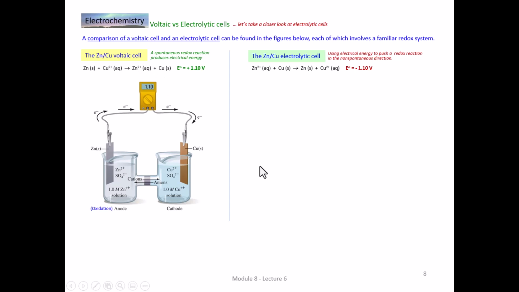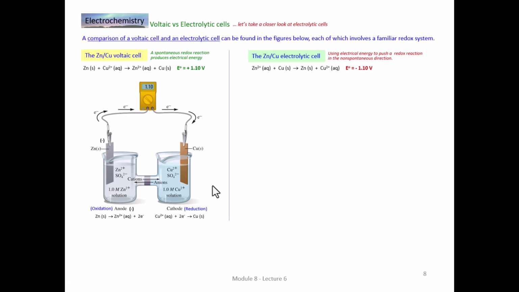The oxidation, of course, is what's occurring in the left-hand beaker, and that would be the anode, and that would be zinc going to zinc 2+ plus 2 electrons. Again, the electrons flow through the circuit, show a potential of plus 1.1 volts on the voltmeter, and reduction then occurs in the right-hand beaker, which we've labeled the cathode, and that's where copper ions are reduced to copper metal.